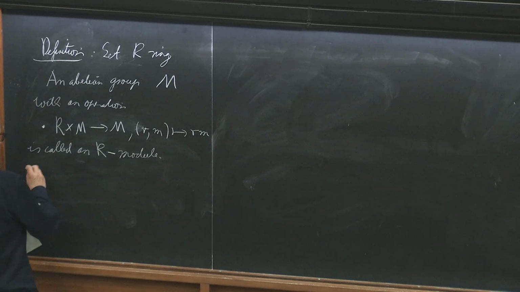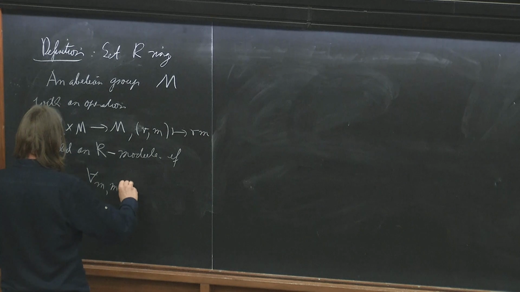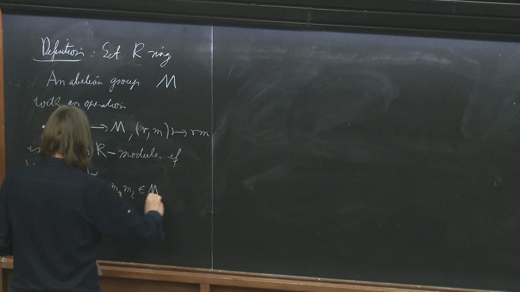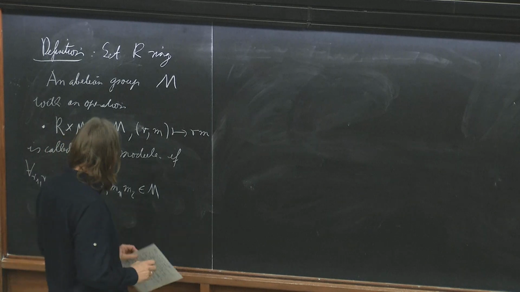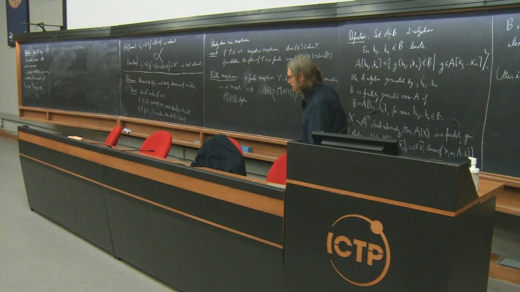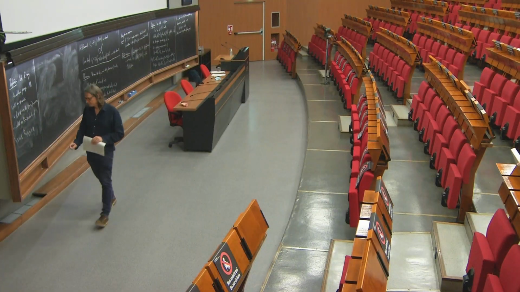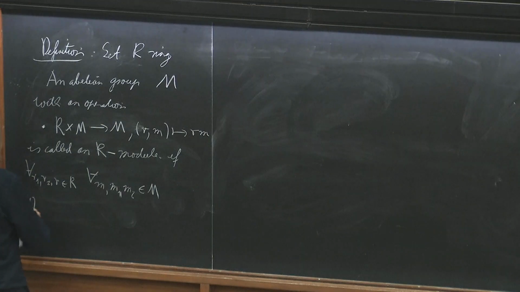So if, for all r1, r2, and r in R and all m, m1, m2 in M, we have the usual things: the associativity, the distributivity, and that the one acts as the identity. First, (r1 times r2) times m.